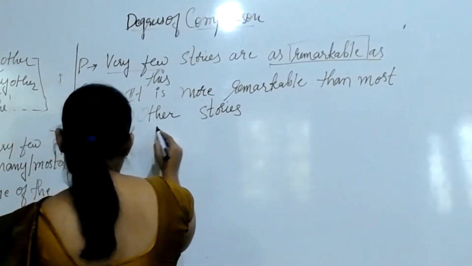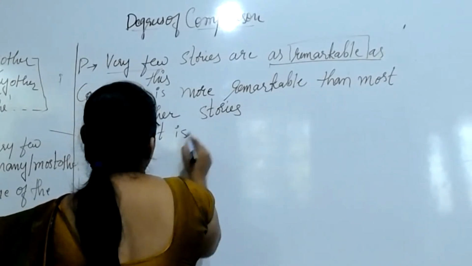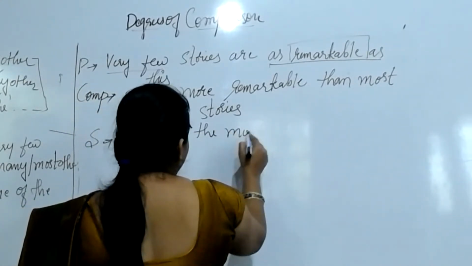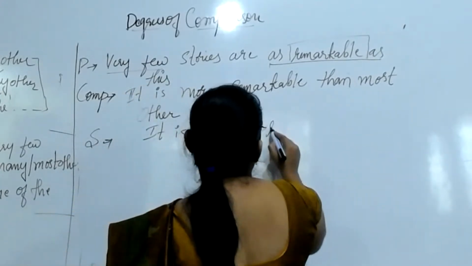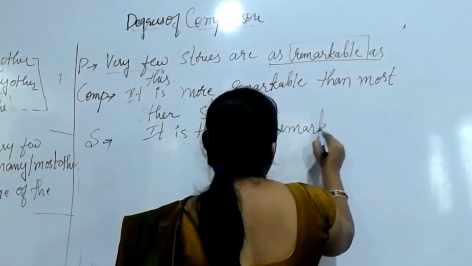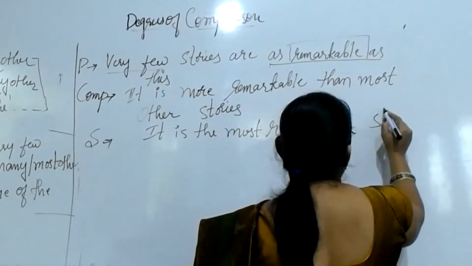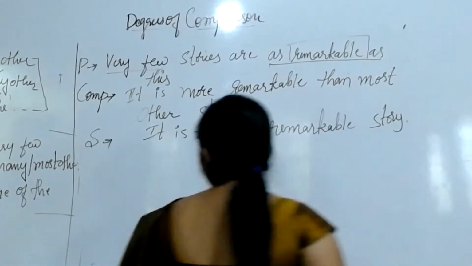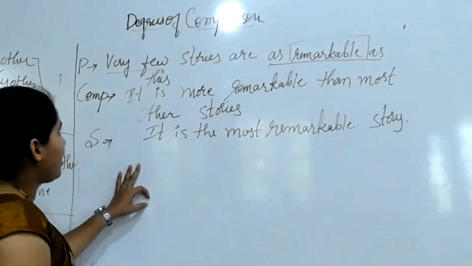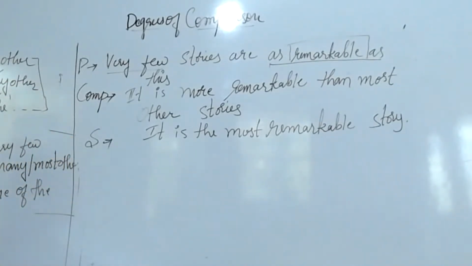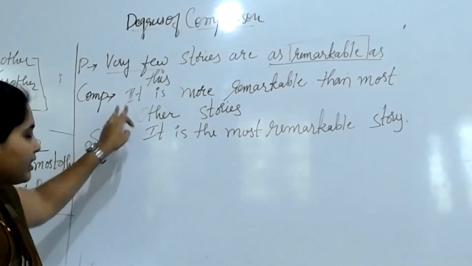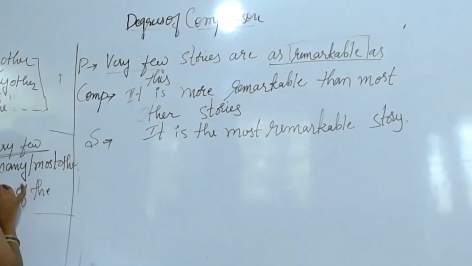Superlative degree, it is most remarkable story. So now this is restricted. How? If this positive degree starts with very few, then in the comparative degree, what you have to use here is many other or most other.